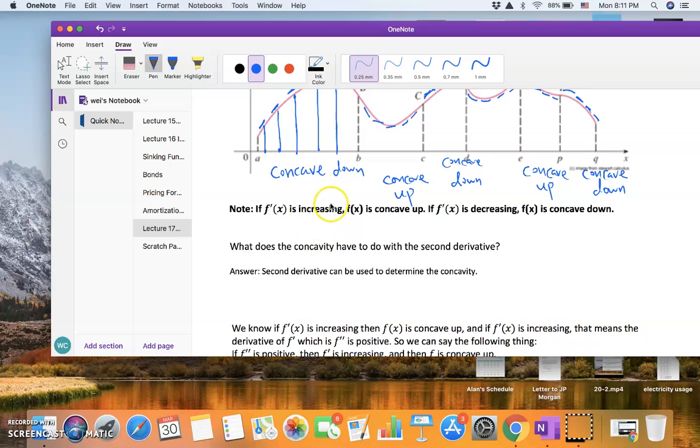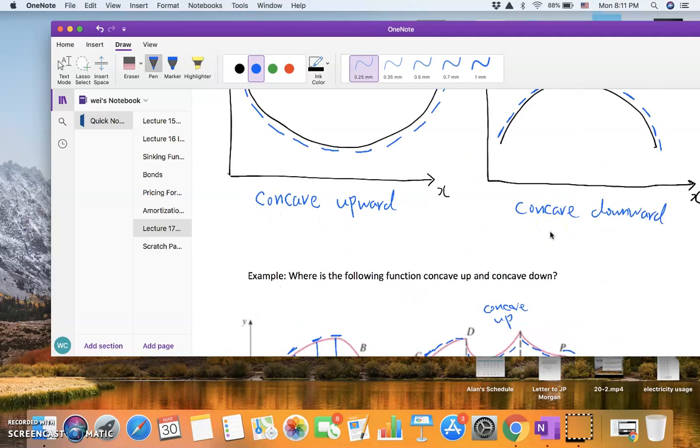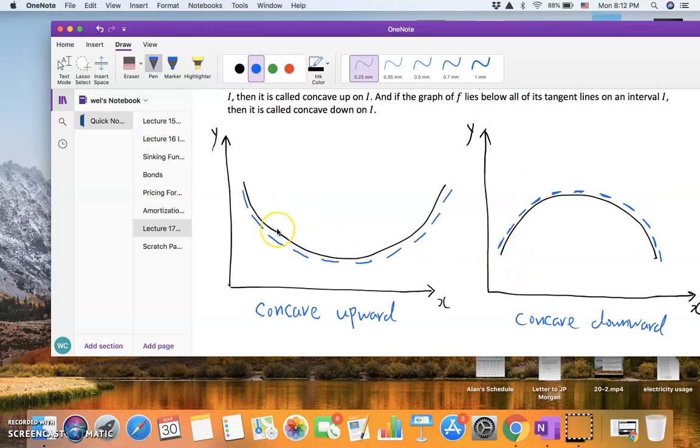Another thing about concavity is if the first derivative is increasing, then the function is concave up. And if the first derivative is decreasing, then the function is concave down. So how do we understand this? Let me use this example again. We know the slope of the tangent line is equal to the derivative, right?